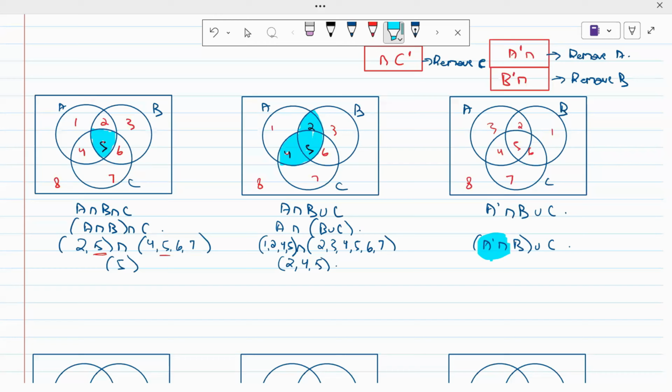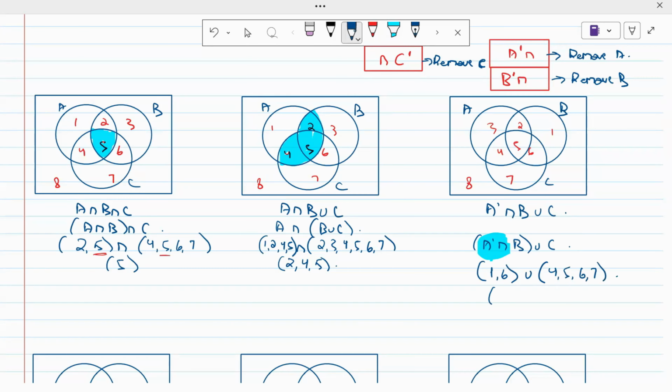So remove A from B means you'd be left with this. From B, B is 1, 2, 5, 6. So from 1, 2, 5, 6, if you remove A, you'd be getting only 1 and 6. So this part is 1 and 6. Union. And for C we have 4, 5, 6, 7.